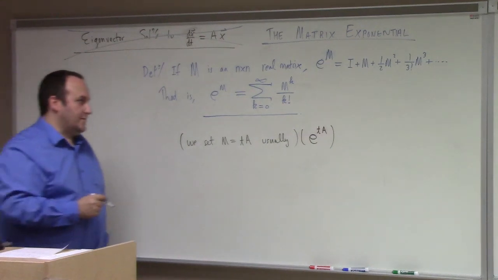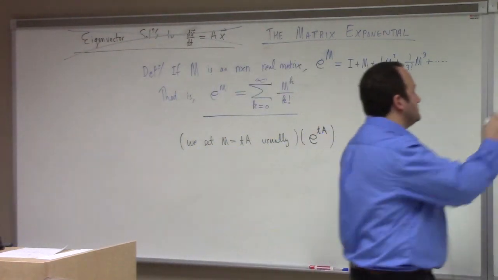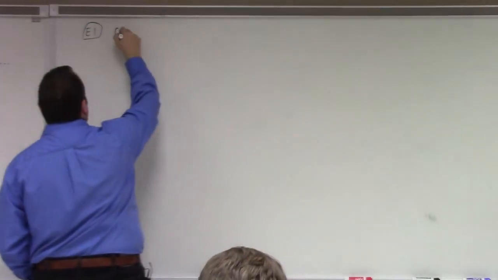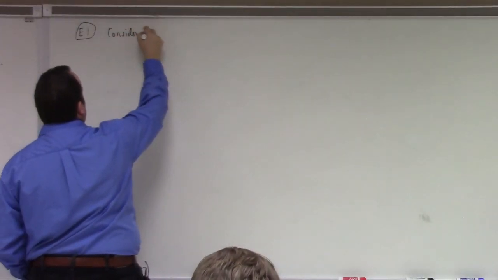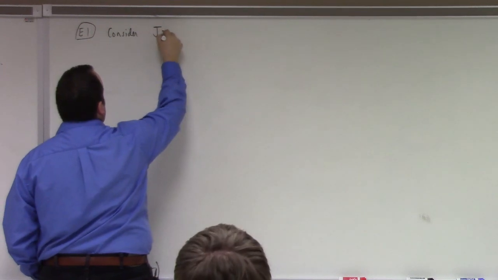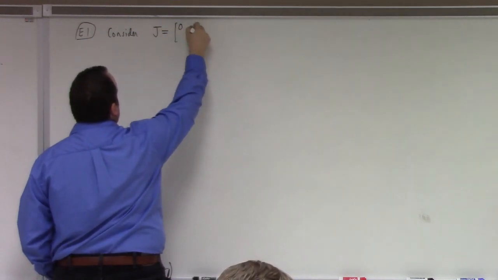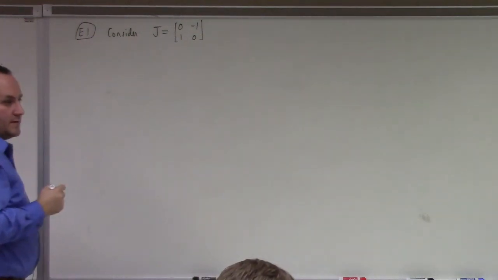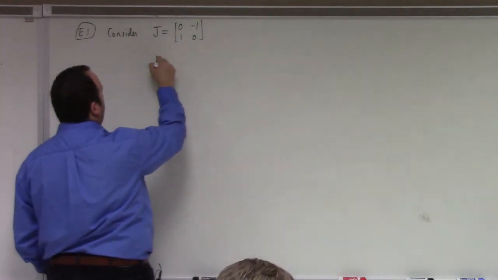So let me show you an example. Consider J equals 0, minus 1, 1, 0. So what's J squared?